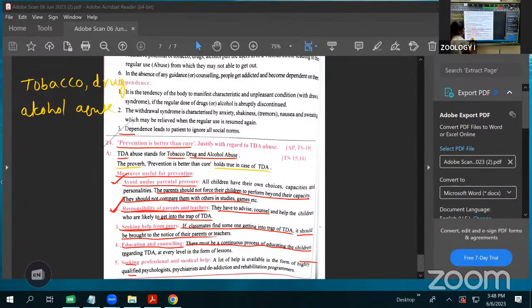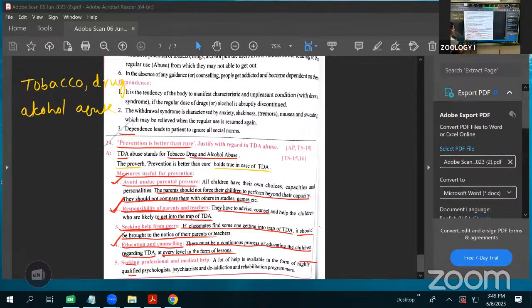We are educating the children and telling them about the effects of tobacco and drug use. At every level we give education or guidelines, in the form of lessons or stories, so that they won't get addicted to TDA. We tell them at each and every stage, then they will not become addicted to TDA abuse. That is the fourth measure, called education and counseling.